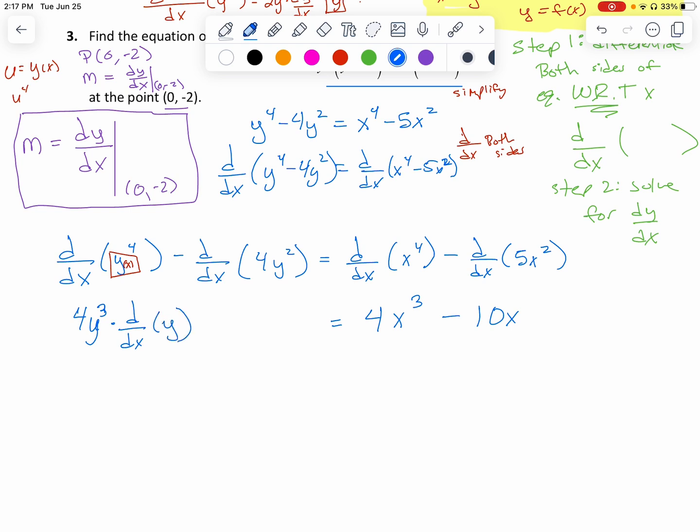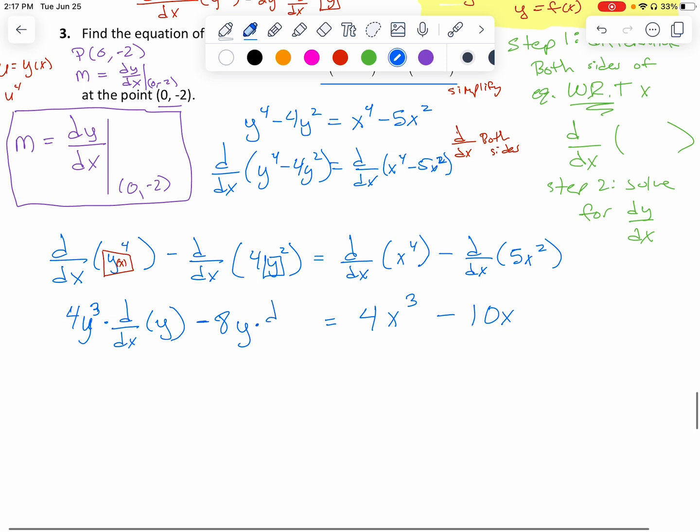And the inside function is y. So again, y is my inside function. My outside function, I would differentiate and just do 8y times the derivative of the inside function with respect to x.